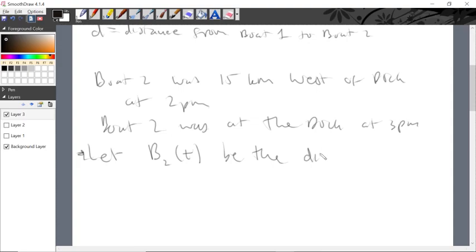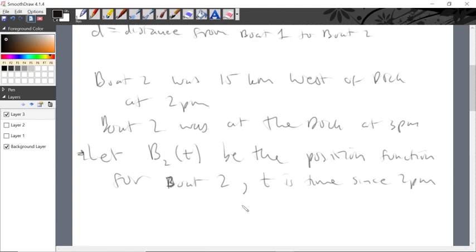Let B of t be not just the distance, but the position. Let's let it be the position function for boat 2, where t is the time since 2 p.m. measured in hours.